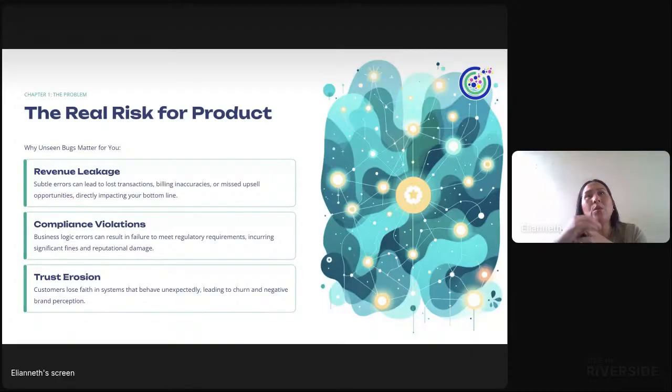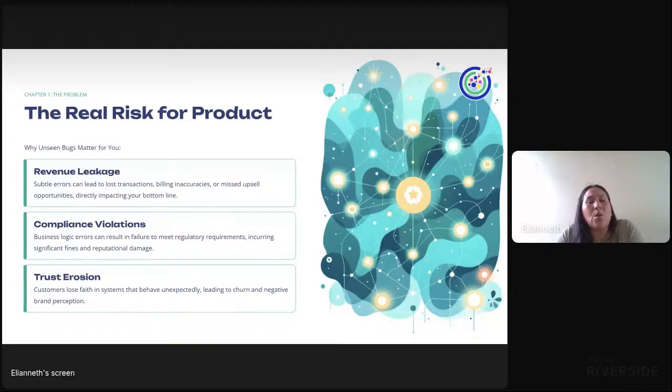Some of the consequences of not reviewing these logic bugs are, for example, revenue leak. We can have some subtle errors that maybe can lead to lost transactions or billing inaccuracy, or even directly impact the bottom line of the product. Also, we have compliance violations.